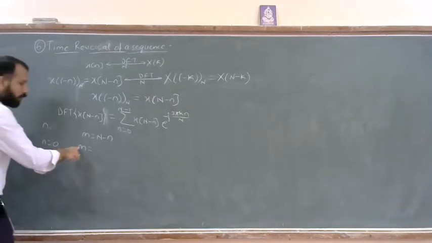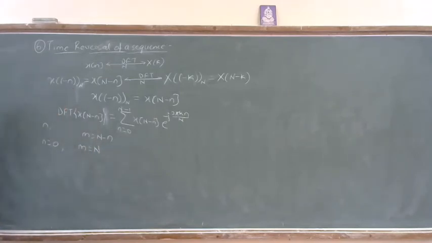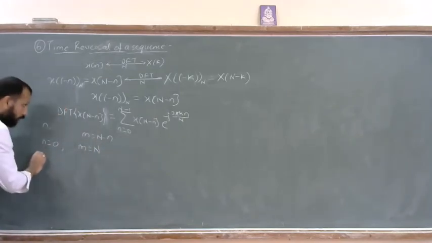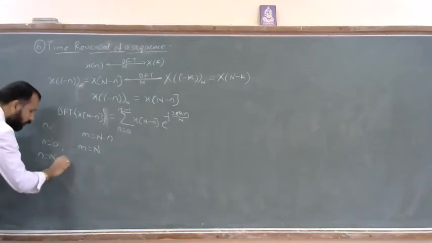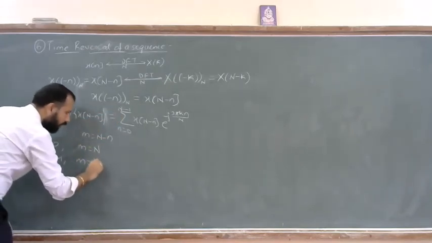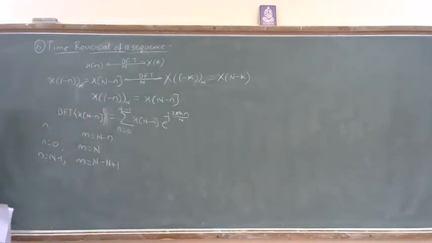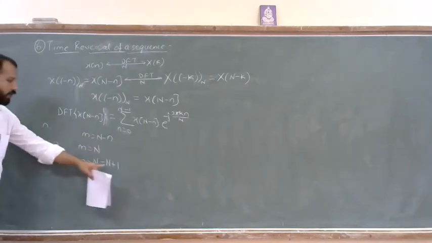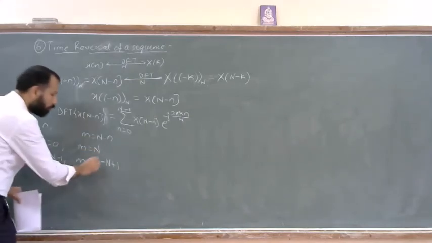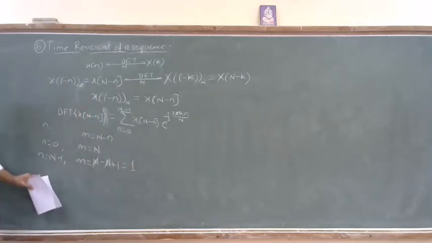If you substitute n equals 0 here, m will be equal to capital N. And if n is N minus 1, which is the upper limit in the summation, then m will be N minus N plus 1. Because of this minus sign, it will be minus N plus 1. So plus N minus N will cancel, and we will be left with 1.